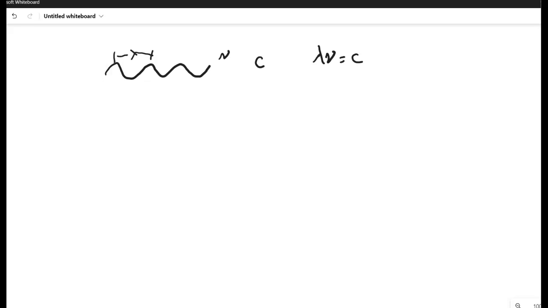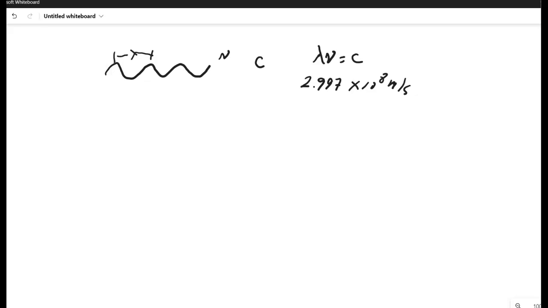In this case, the speed c is the speed of light, 2.997 times 10 to the 8 meters per second. We can use that relationship to solve for frequency if we have wavelength, or wavelength if we have frequency. You should be comfortable manipulating that very simple equation.